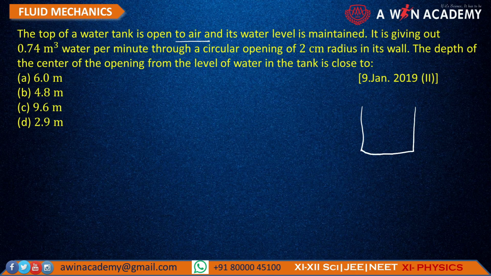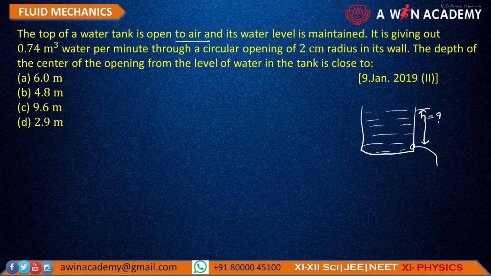Data is given like that. There will be a tank. It is filled with water, and there will be a hole in the side wall, and water is coming out from this hole, and this hole is at a depth h from the free surface of the liquid.